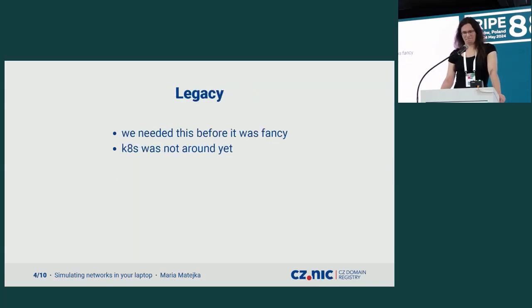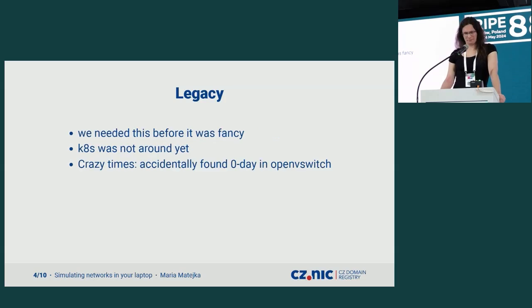Also, there is some legacy. We needed this 10 years ago. There was no Kubernetes. There was no cloud. These were quite crazy times. When I was testing this in my first days at CZNIC, we were experimenting with Open vSwitch and accidentally stumbled upon some problems with sending MPLS packets inside Open vSwitch.